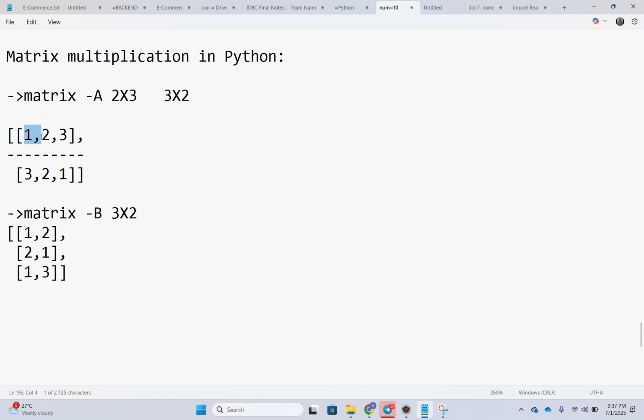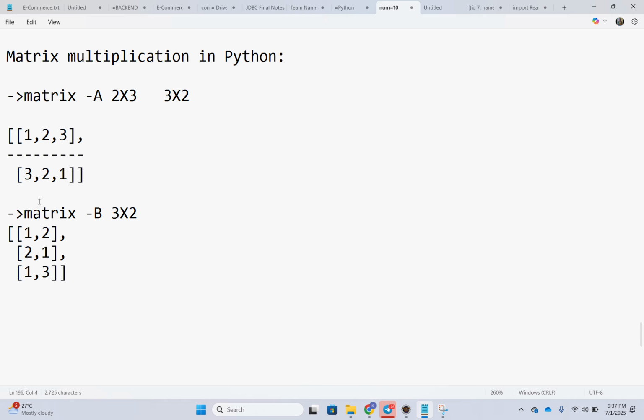Similarly, this row will be multiplied with the 2 1 3 column. So the resultant matrix we will get, I'm just discussing with an example. I'm explaining the mathematical concept also, then only you will get programming knowledge. Without this you won't get any programming.